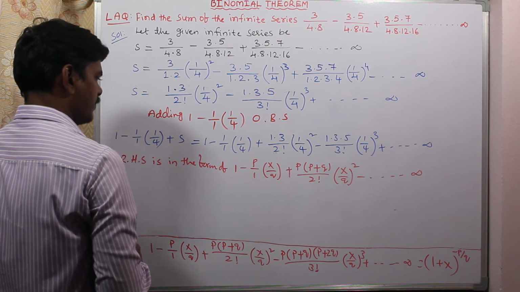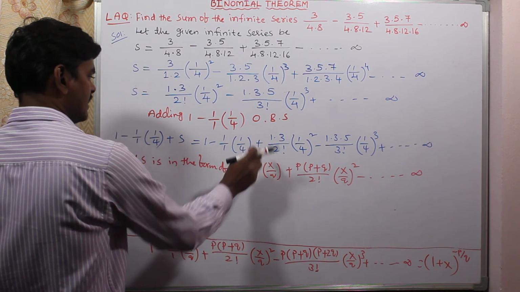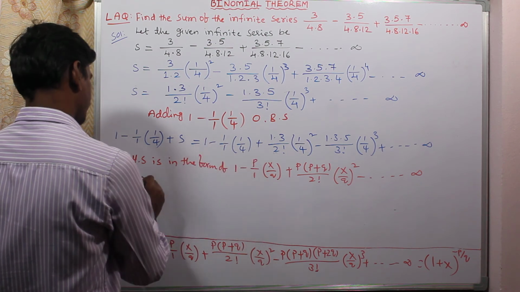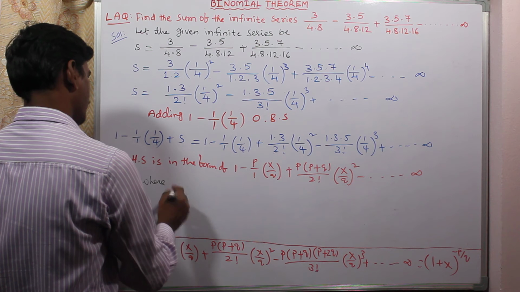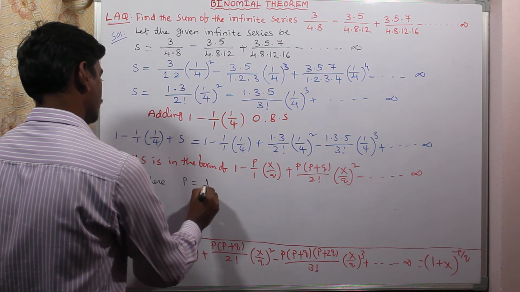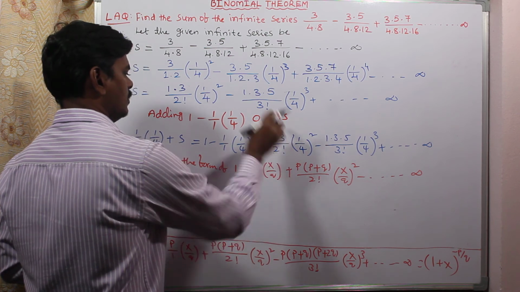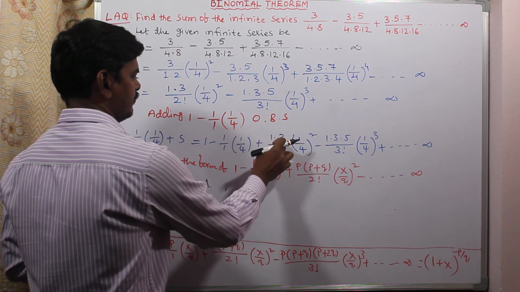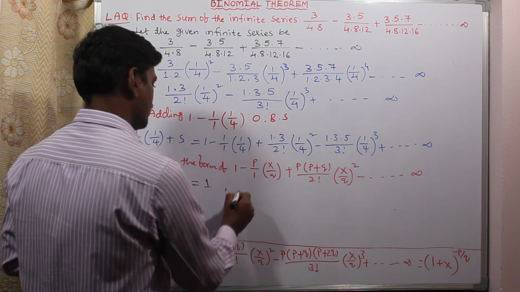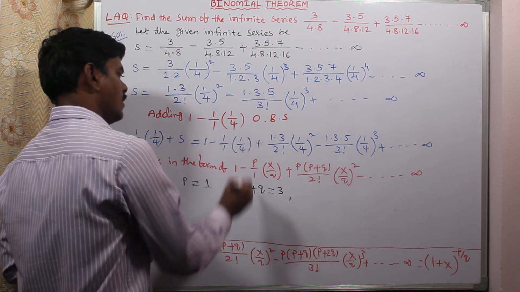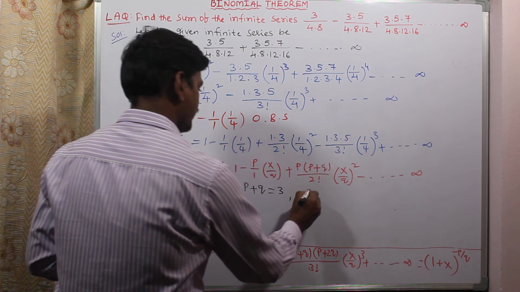On comparing this series with the formula, we can say p is equal to 1. Also p plus q value is 3, and x by q is 1 by 4.